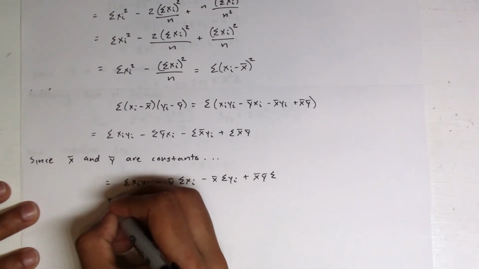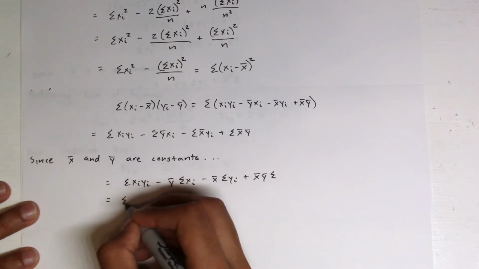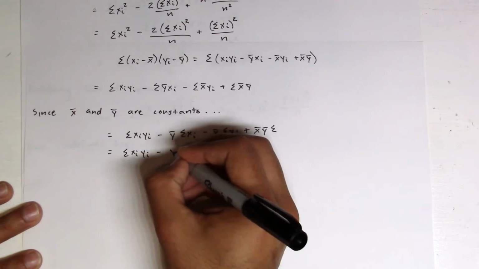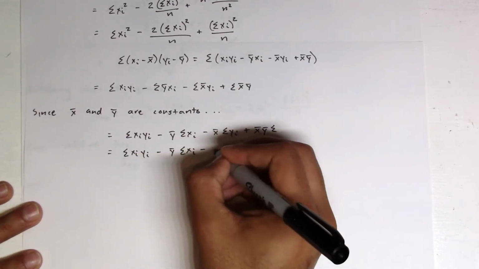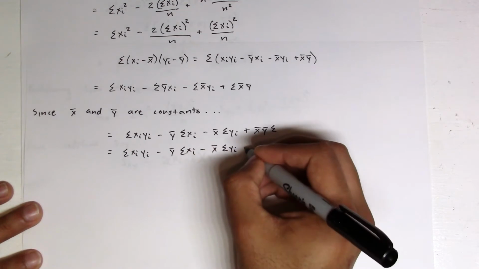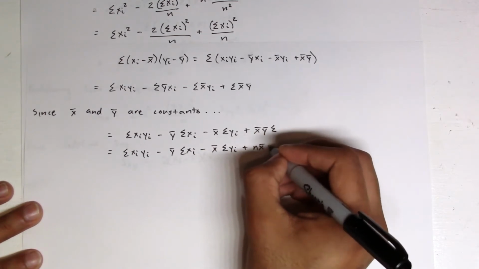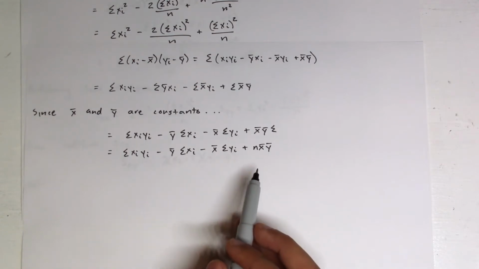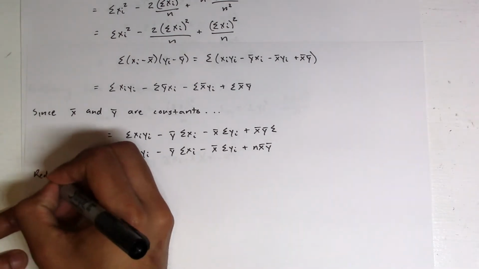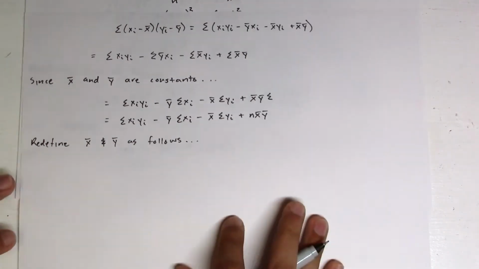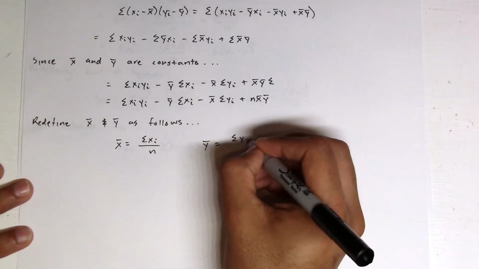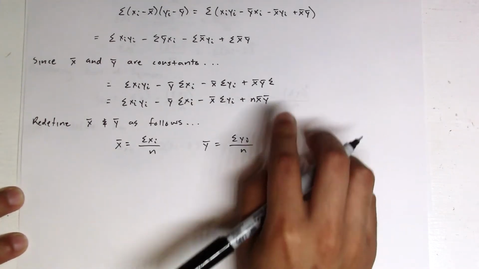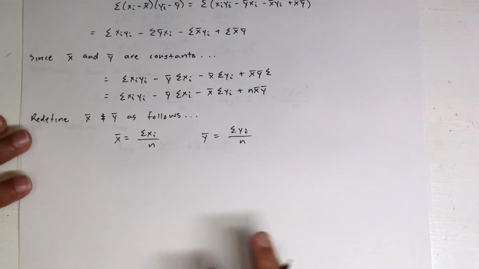So we can further rewrite this equation as the sum of xi yi minus y bar sum of xi minus x bar sum of yi plus n x bar y bar. And again, we're going to redefine x bar and y bar in terms of sigma notation.